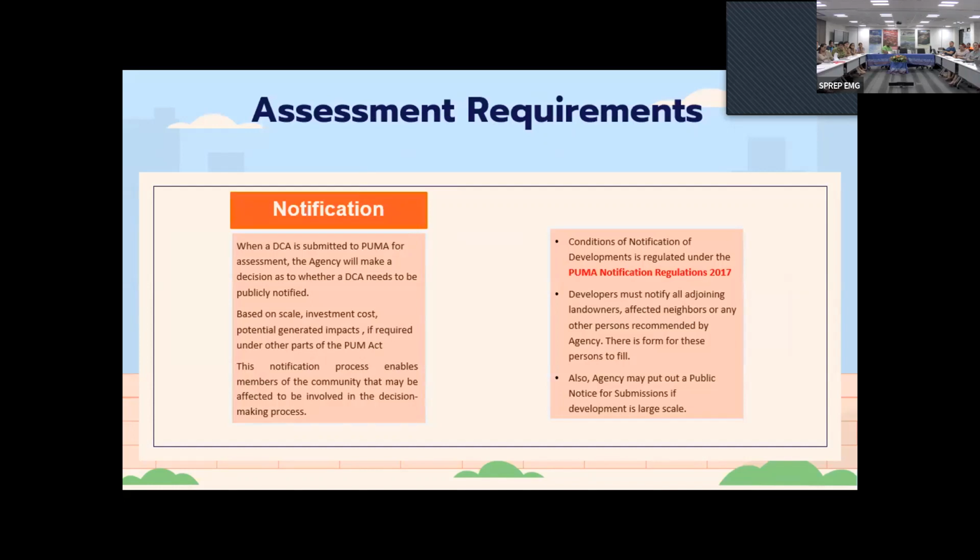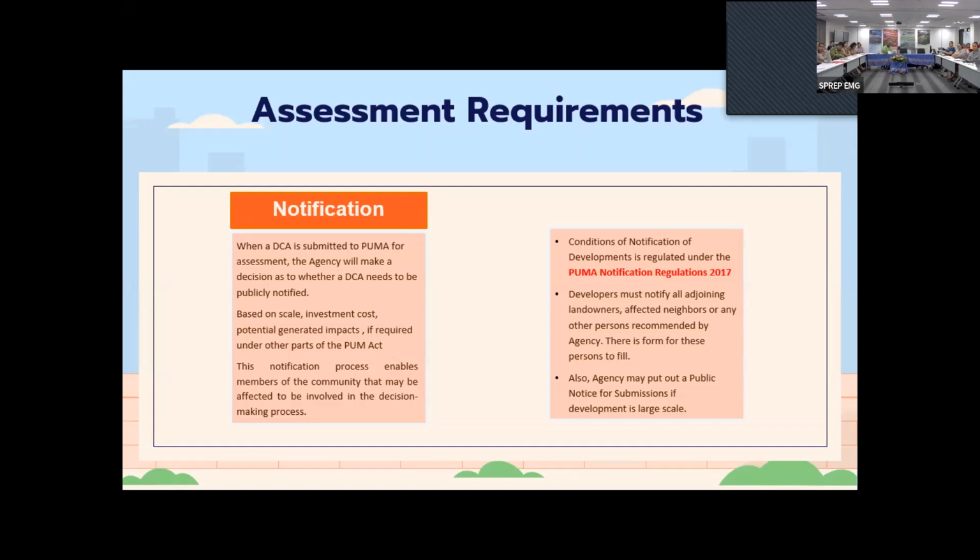When DCAs are submitted, it's so important that you as a developer have talked to your neighbors, especially with residential houses and things like that. The understanding is you really don't need to go talk to someone as long as you know that your house is situated well within your land, not even close to your neighbors.